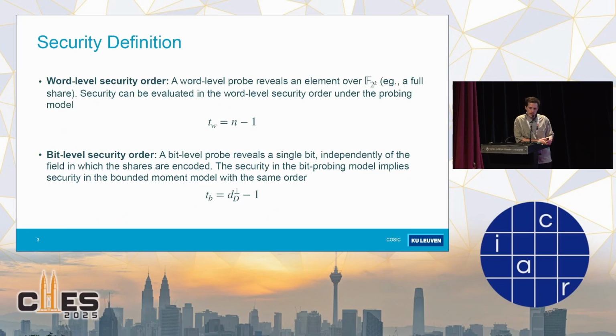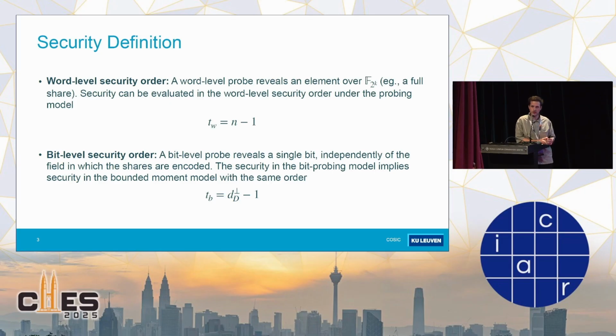Again, we distinguish word level security and bit level security. In word level security, we allow a probe to reveal a full element in the field, so a whole share. This can be evaluated under the standard probing model, so it's just the number of shares minus 1 as usual.